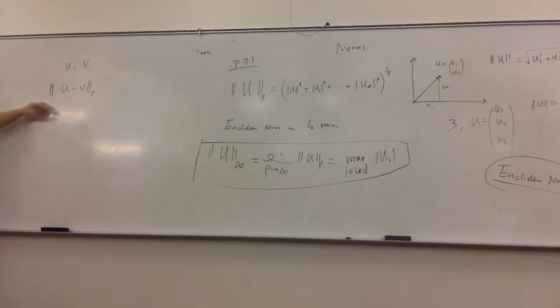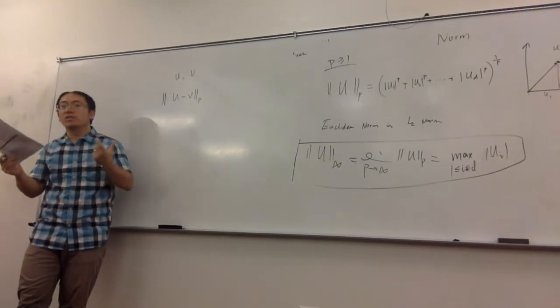This actually represents a kind of distance between U and V. So remember, U and V are two points in the d-dimensional space. Between any abstract points, we can define a corresponding metric of their distance.